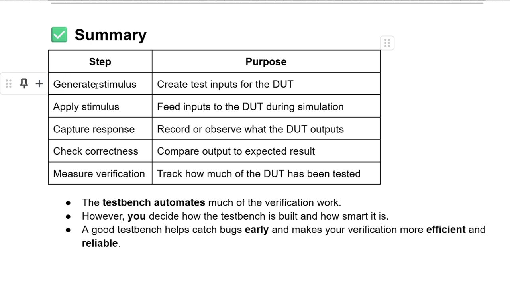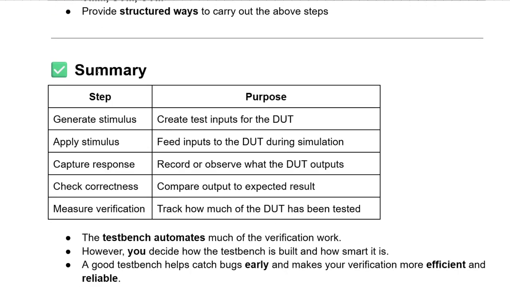In summary, the steps for a test bench are generate stimulus, apply stimulus, capture response, check correctness, and measure verification. Generate stimulus: create the test inputs for the DUT.